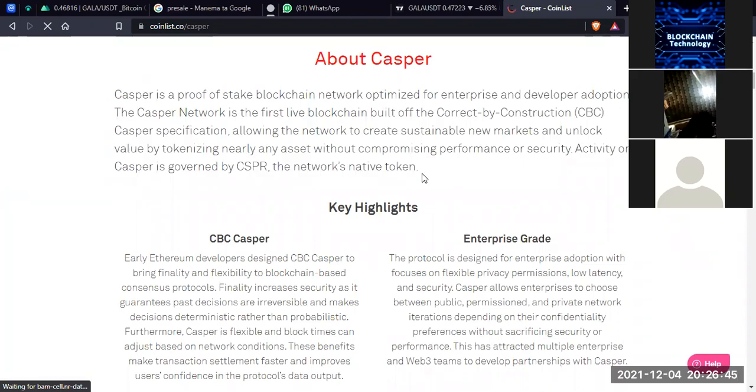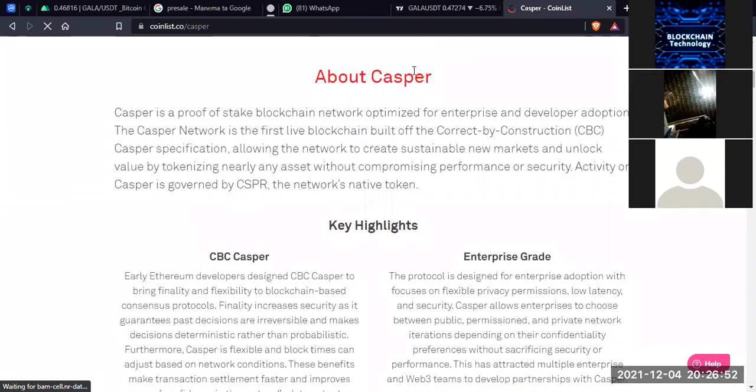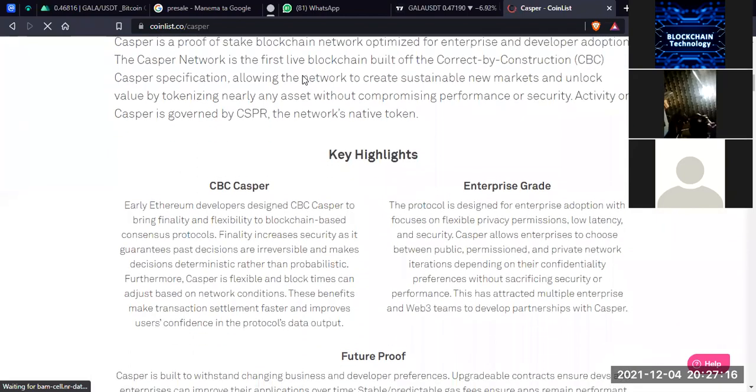Casper was actually built to compete with Ethereum gas fees. Casper has a cheaper gas fee, and it is also proof of stake, meaning you can stake Casper to get some percentages. You can hold Casper using the Casper site in order to gain percentages yearly, monthly, weekly.